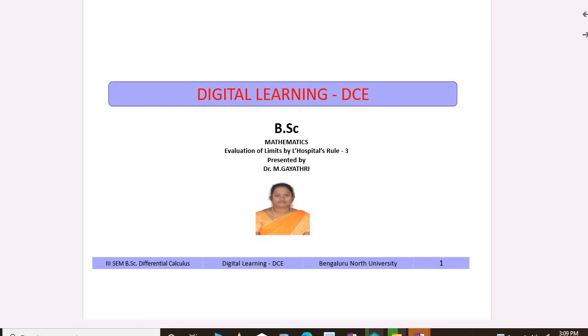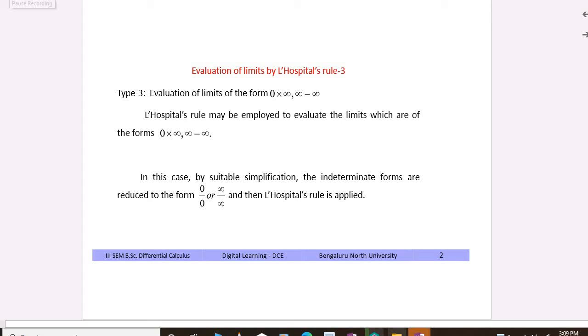In this video, I am going to present how to evaluate limits by using L'Hopital's rule. Type 3. Evaluation of limits of the form 0 into infinity, infinity minus infinity.